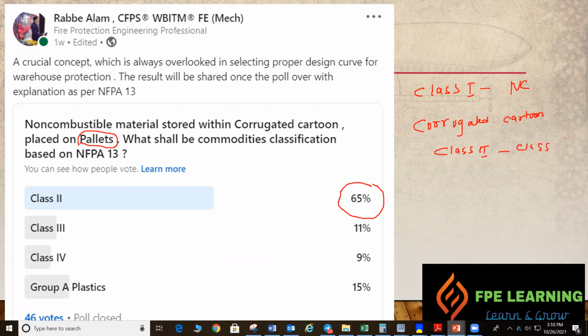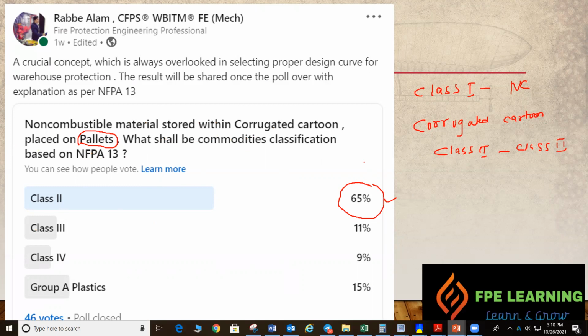But around 65% of people who voted for this forgot about the pallets. There is no information about the pallets, what types of pallets. Basically we have two types: wooden pallets and plastic pallets.